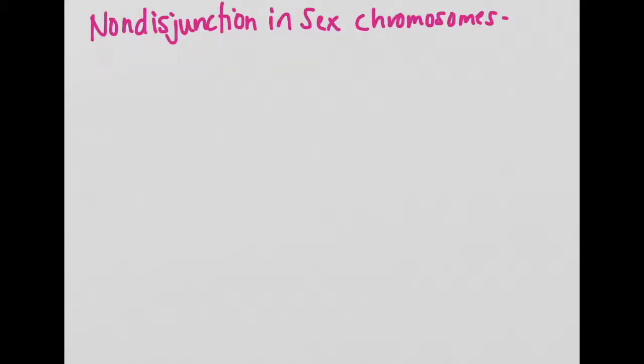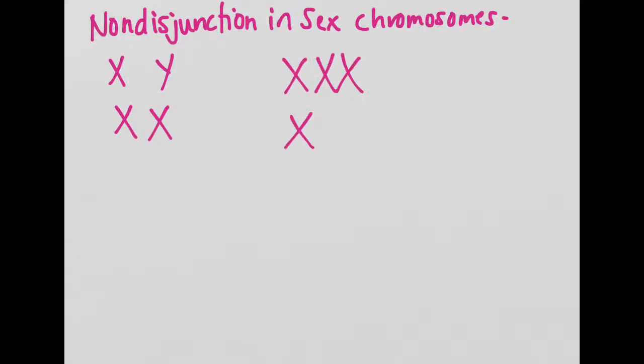And we can have this non-disjunction in the sex chromosomes create it so that instead of having either an X and a Y or an XX, you could potentially have 3 X's, or you could just have 1 X. You could have maybe 1 X and 2 Y's, or 2 X's and a Y, right?